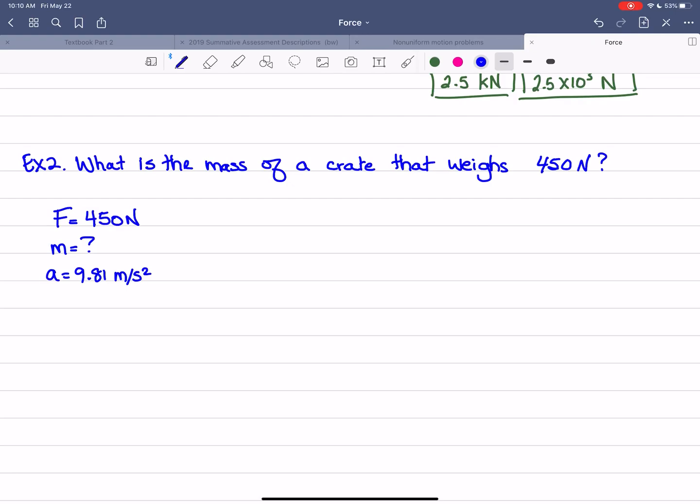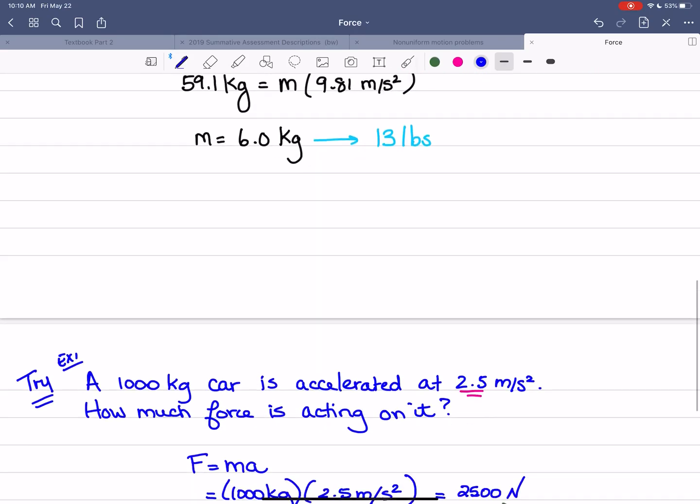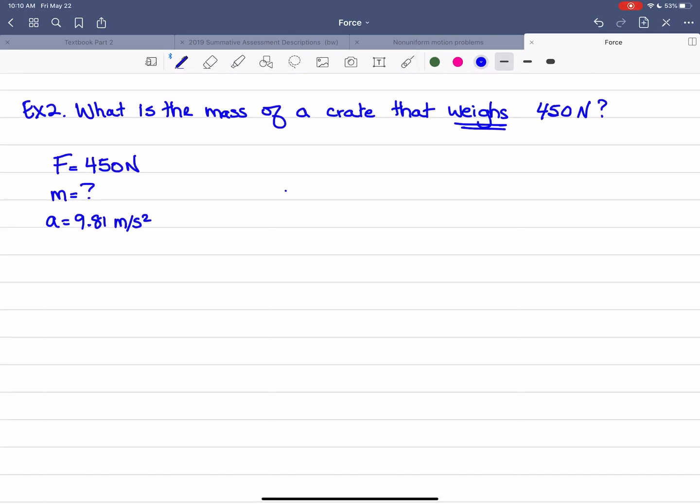So I have the force. I also have the acceleration due to gravity because I am given a weight. And weight, we said, is a product of your mass and the acceleration due to gravity. So we're given that number. So again, what we're doing is the same thing we did with our example right up here. We're finding the mass, which is the force divided by the acceleration due to gravity, in this case.